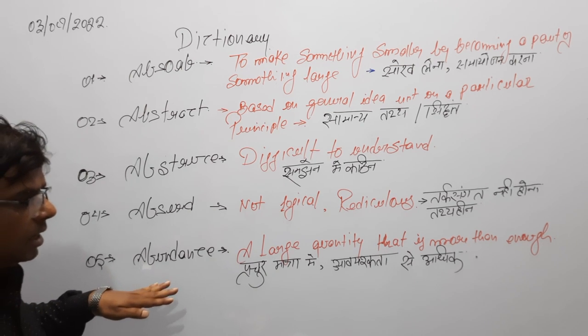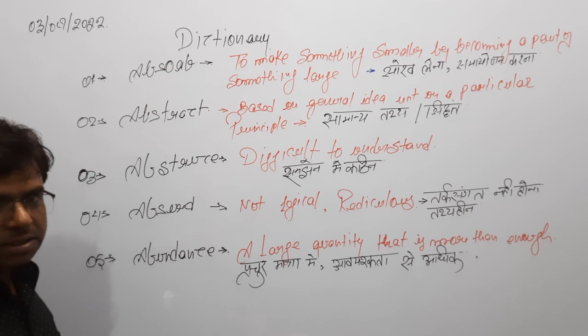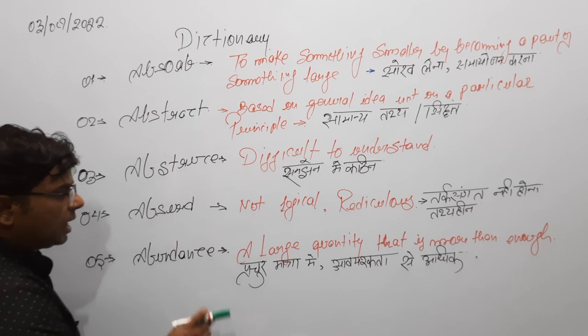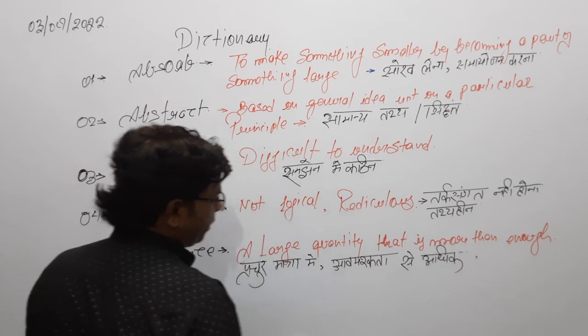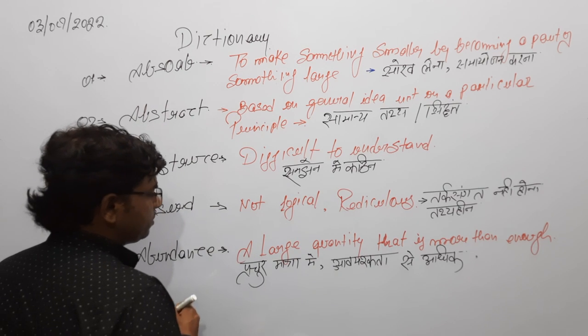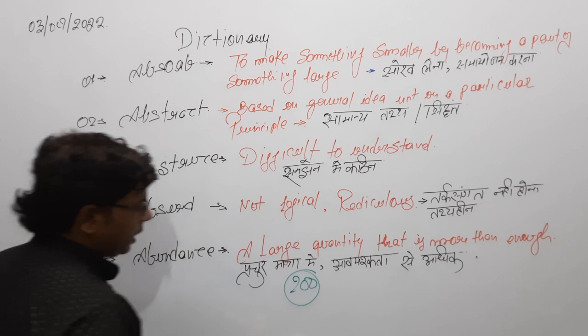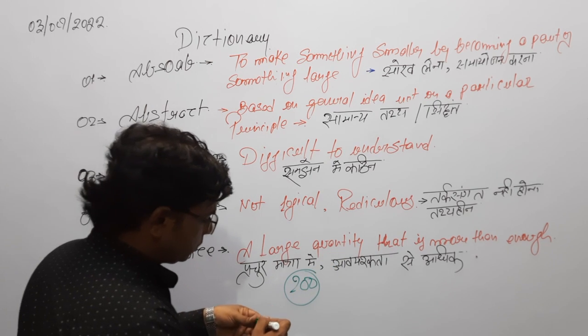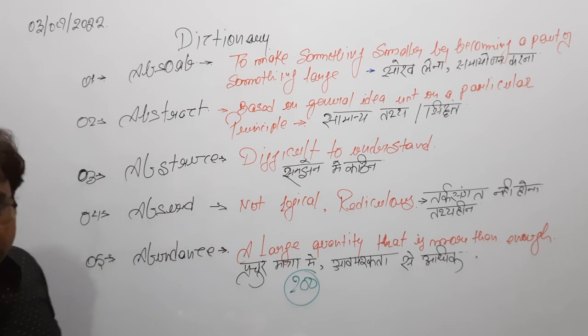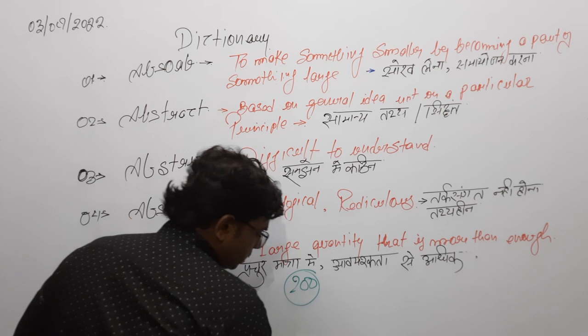It could also be said in the brevity of the words, brevity. A large quantity that is more than enough, or a limit has been given of 200 words and you have crossed that limit. So first of all, you have broken the discipline of the examination.